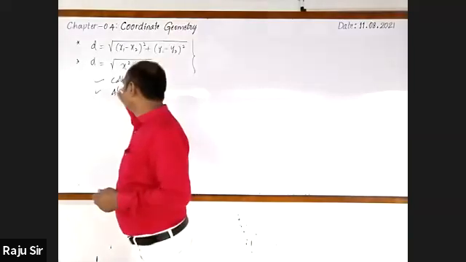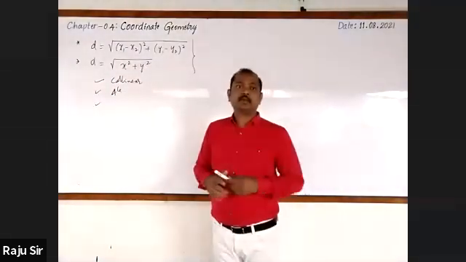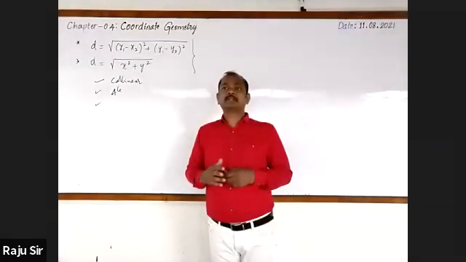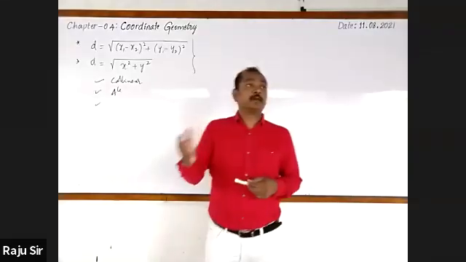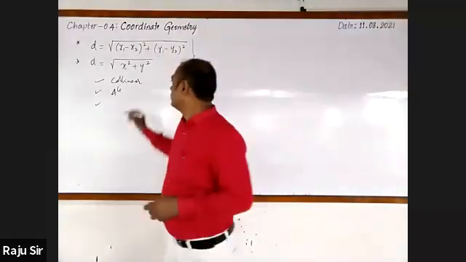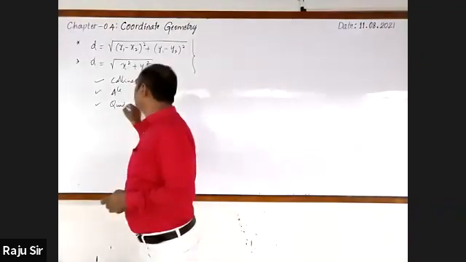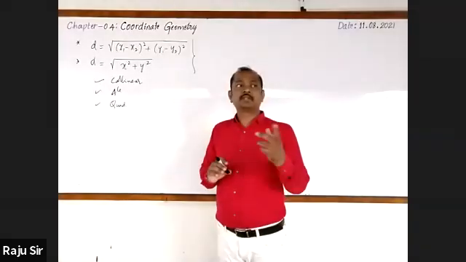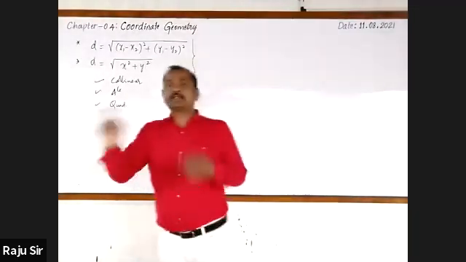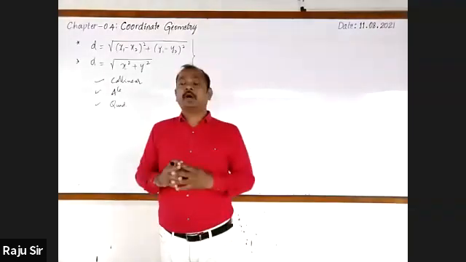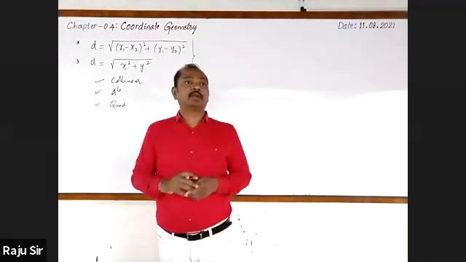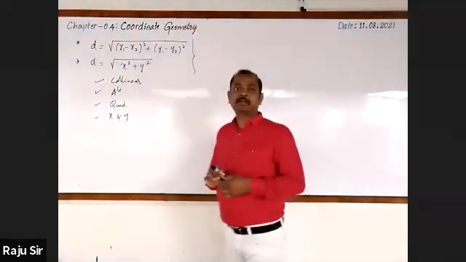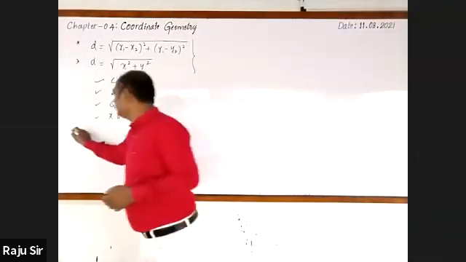And third, when four points are given, a quadrilateral is formed, and we learned what type of quadrilateral it is. So these are the three important applications. In addition, if the given point is equidistant from two other given points, then we found the relationship between x and y. You all remember these? Next.